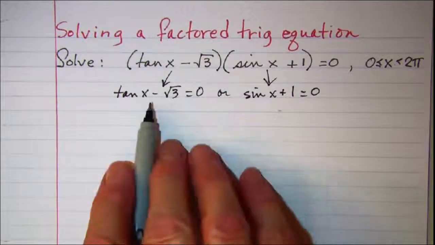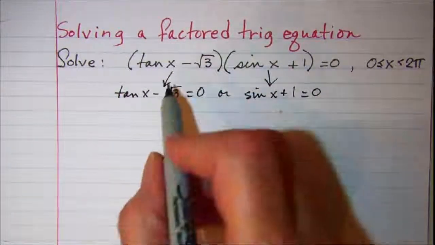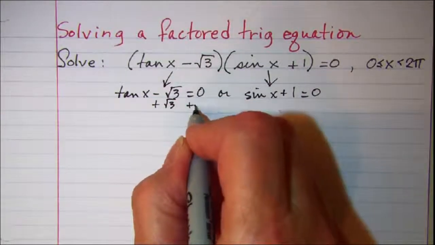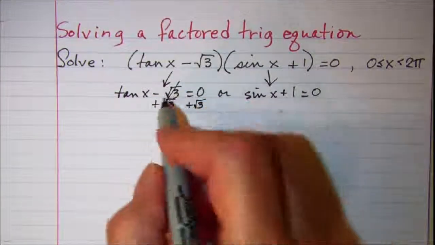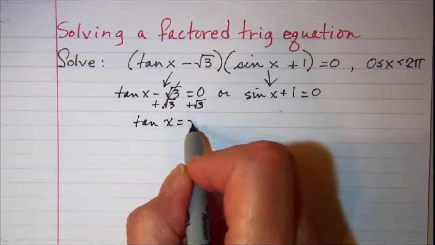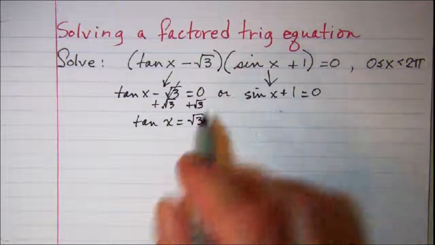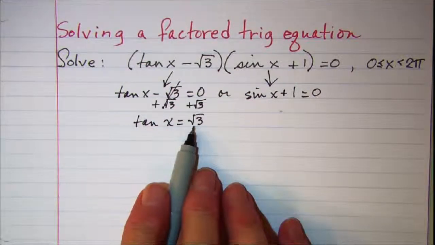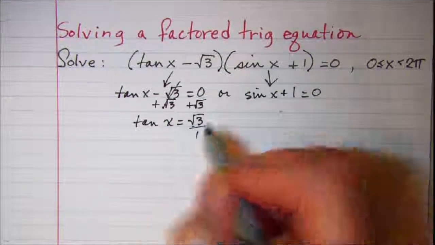Right, let's solve this left one first. Add root 3 to both sides. These will cancel, and I have tangent x is equal to a positive root 3. So we're looking for an angle which has a tangent of root 3 over 1.